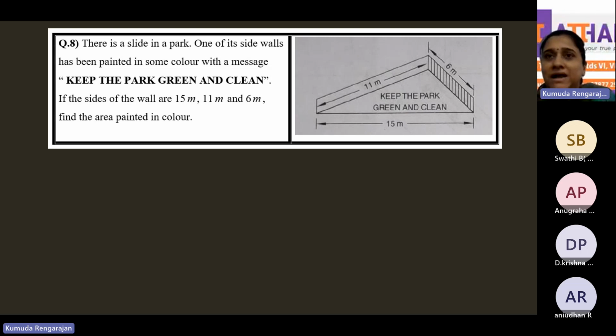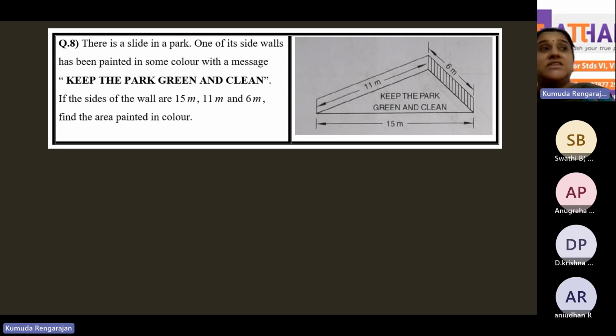Now in the park, the slide is mostly a metal thing, right? There's a ladder kind of thing on one side where you climb, correct? And then you slide down from the other side. But when I was young, the slide was built with bricks and cement. You understand?